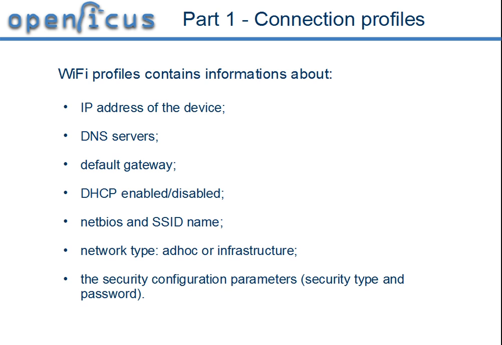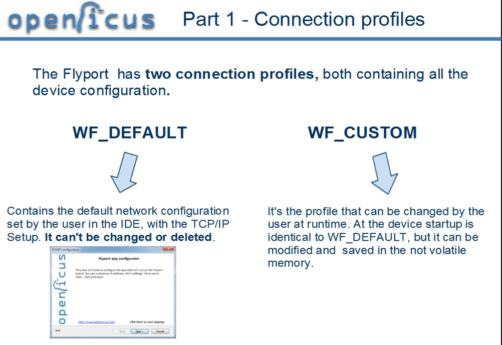The Flyport has two connection profiles, Wi-Fi default and Wi-Fi custom. The Wi-Fi default contains all the default configuration you have set in the IDE with the TCP/IP setup. You can never change or delete this profile.